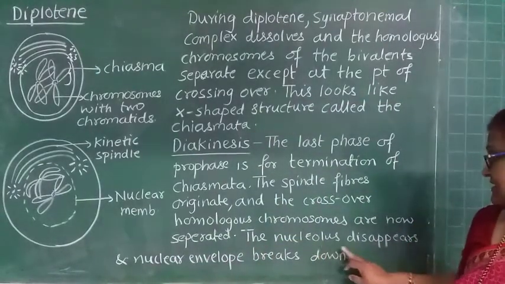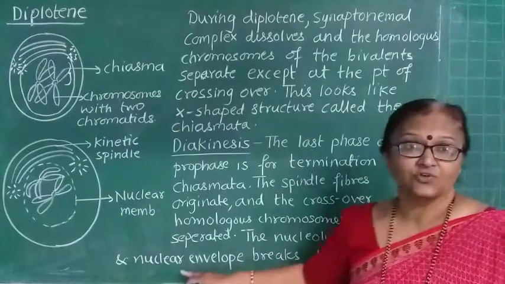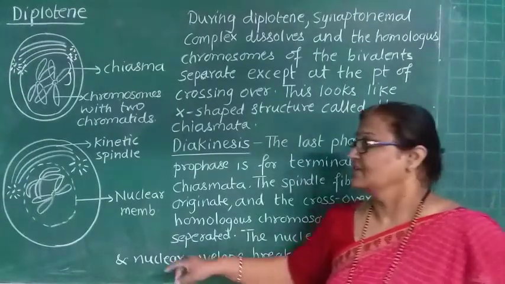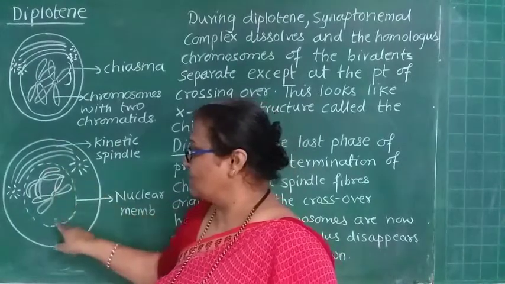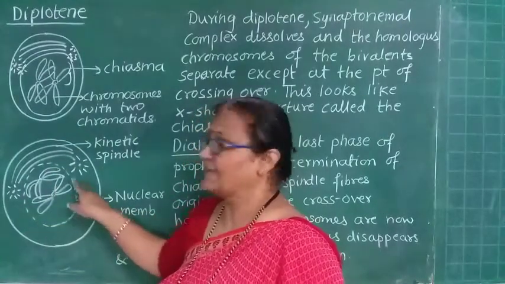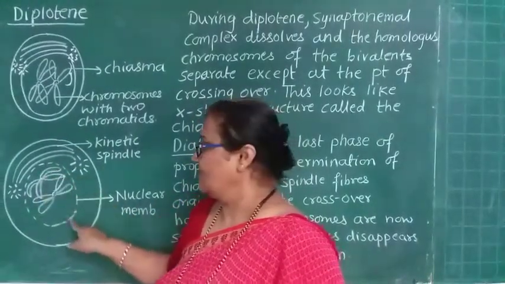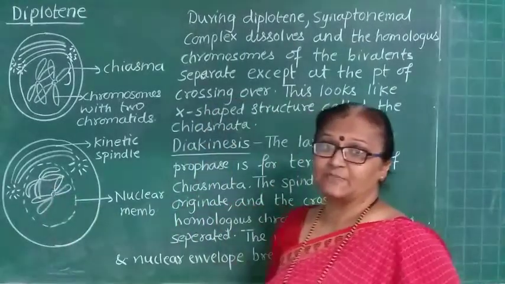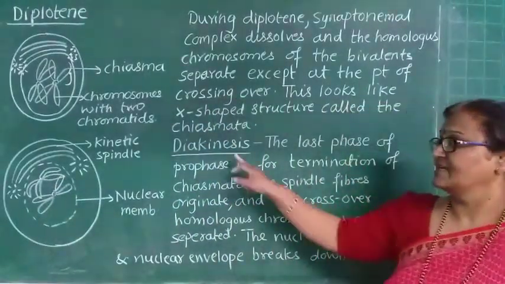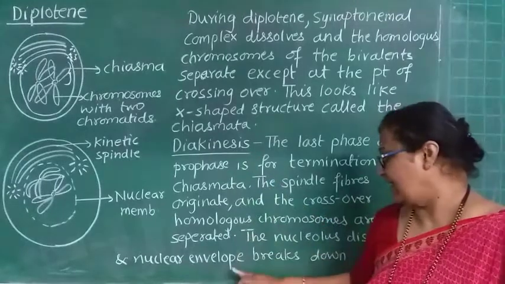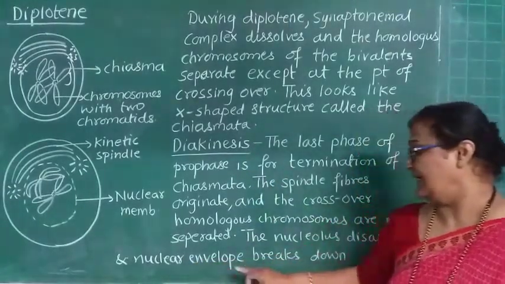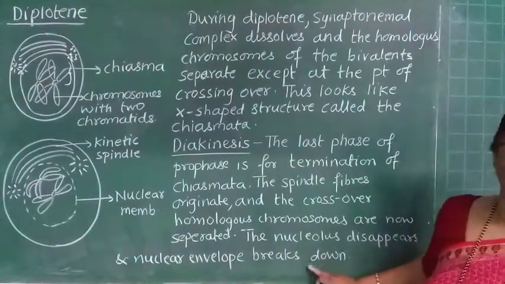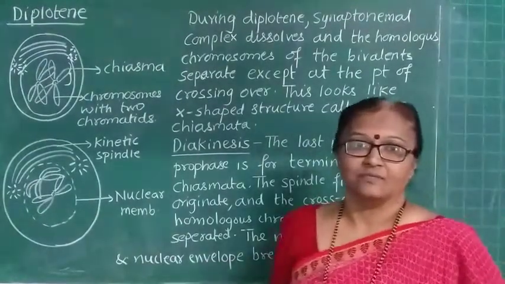The nucleolus is also starting to disappear, and the nuclear membrane which was present here is now in a dotted form. That means it has disappeared in the case of diakinesis. And what happens? The nuclear envelope now breaks down.